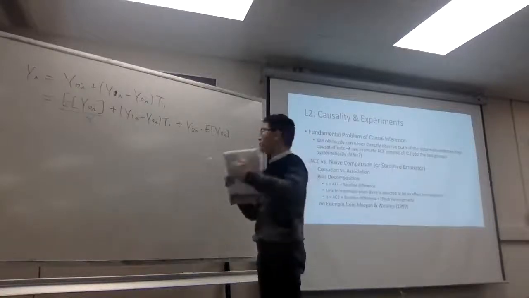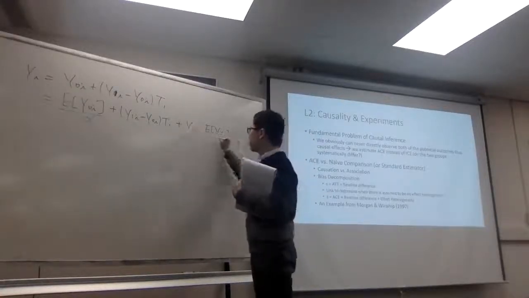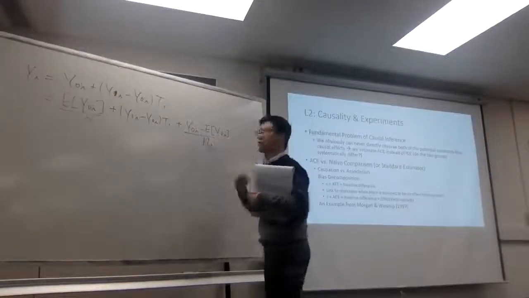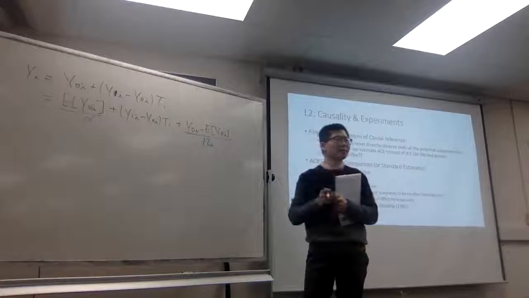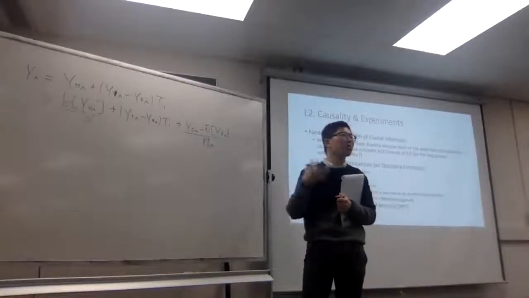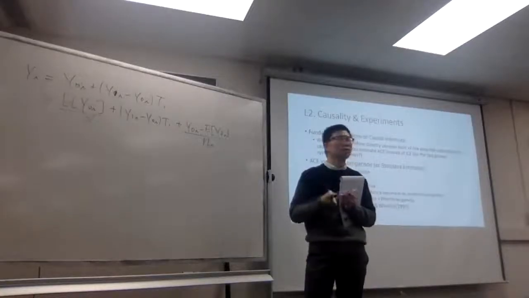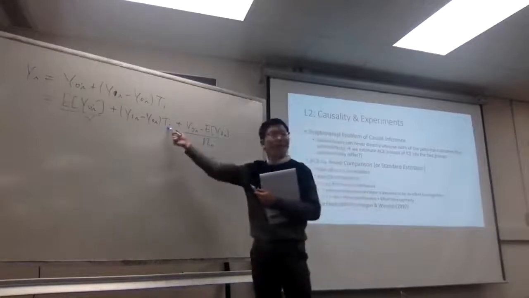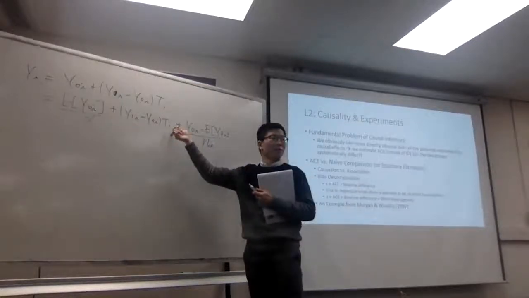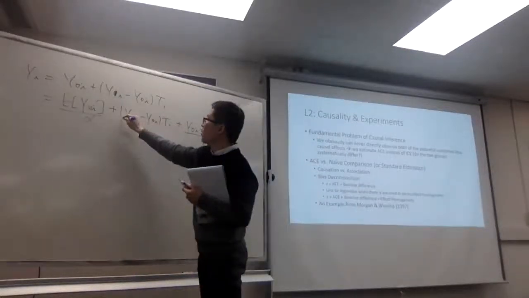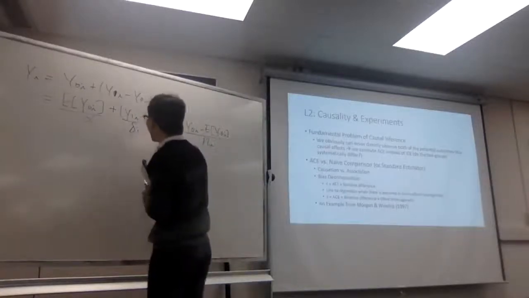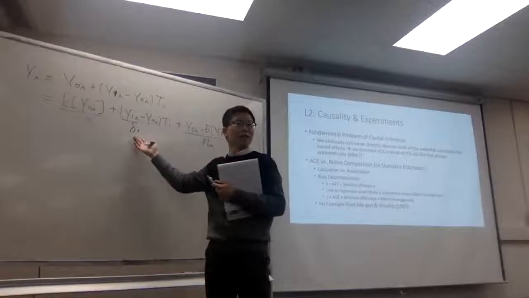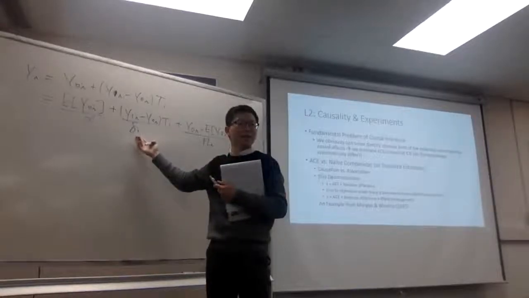And then this term is eta i, or the error term for the regression. So this is the x variable, the treatment variable, and then this is the beta coefficient, which is delta i, right? This is the effect size.